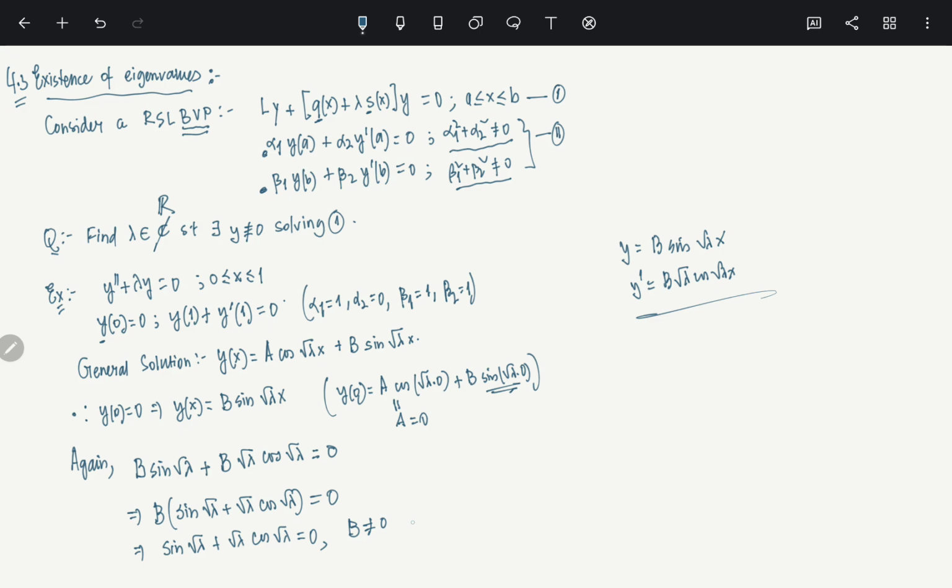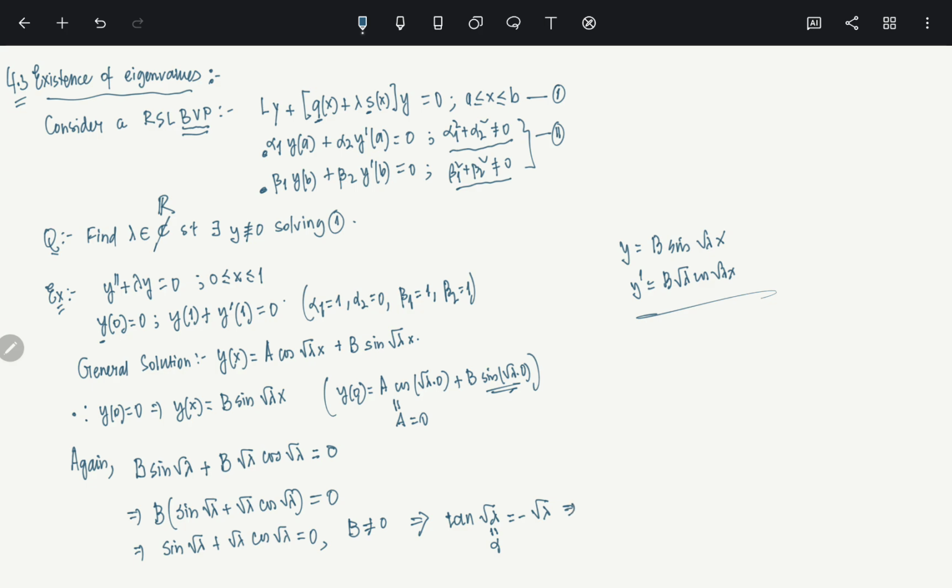Now you see, we can rewrite this thing like this: tan of root lambda equals minus h times root lambda here, and of course you can put it as a parameter. Let's say this is some alpha, so that will give us tan of alpha equals minus, sorry, not h, one second, minus root lambda.